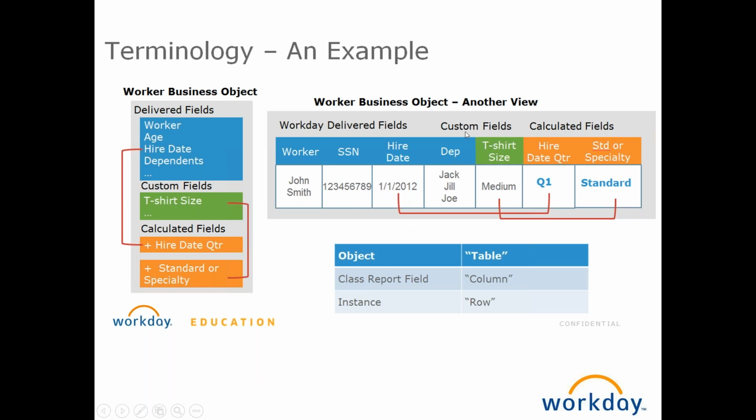Here, t-shirt size is something which Workday does not maintain or give you. You can create a field called t-shirt size and maintain that. You maintained medium as the t-shirt size for the employee John Smith. Now you want to identify whether the t-shirt size, from an overall perspective, is standard or special.